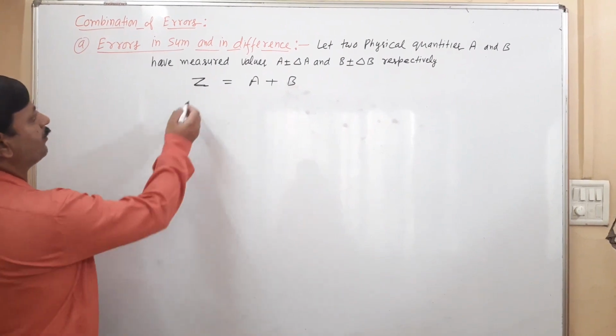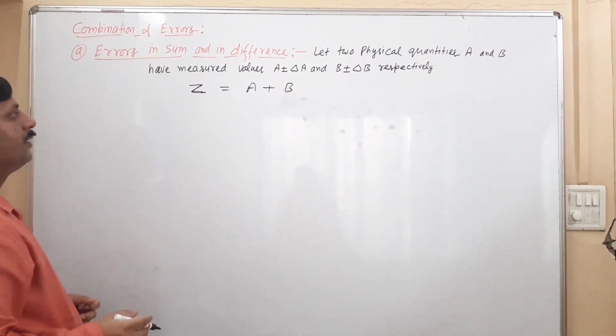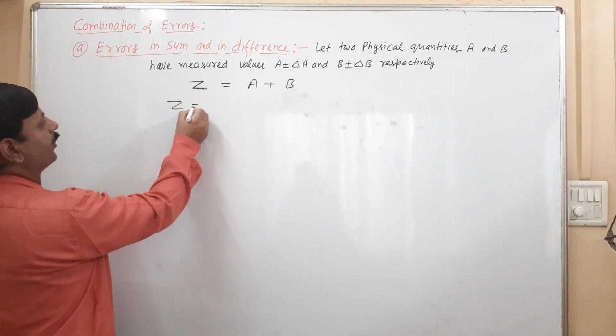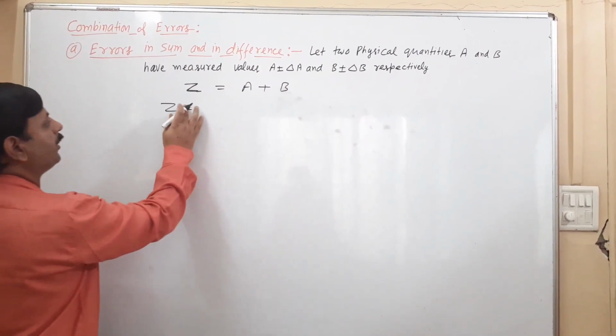So see here, when we talk about the sum, what happens? Z is equal to the sum of the physical quantities.